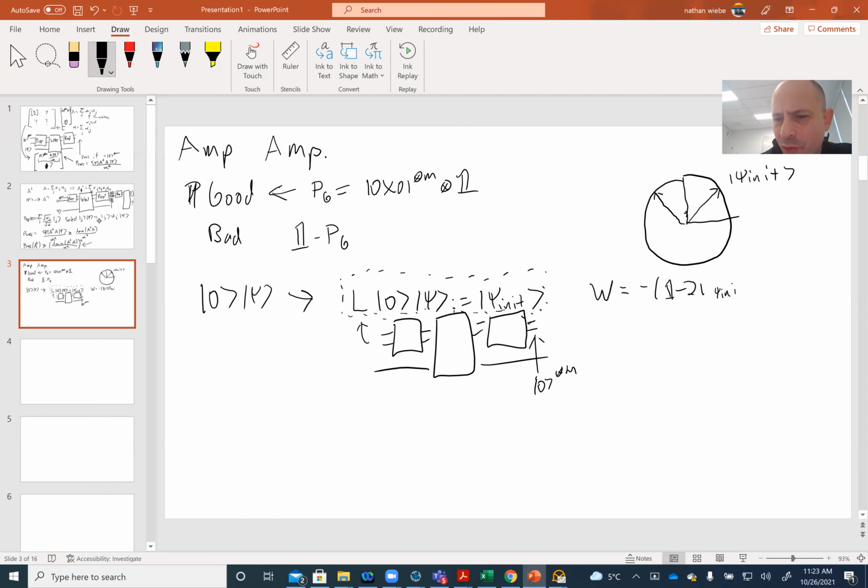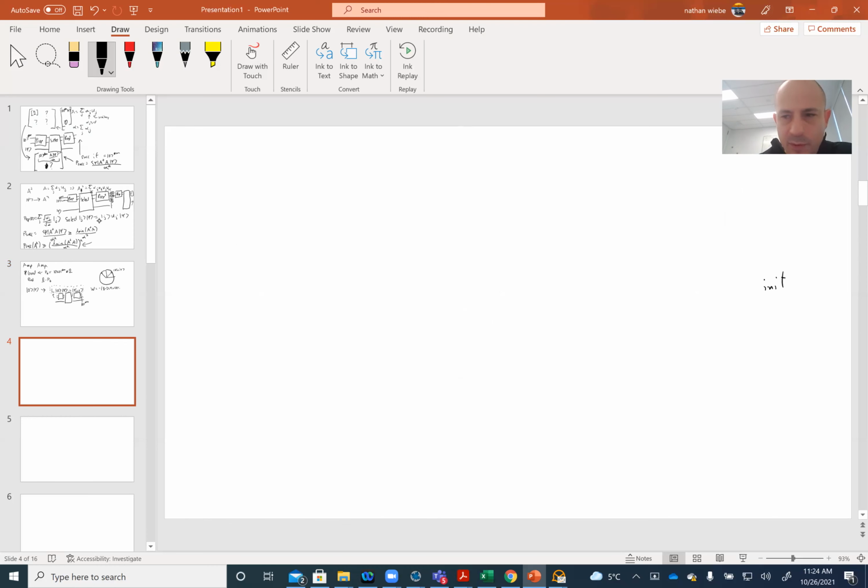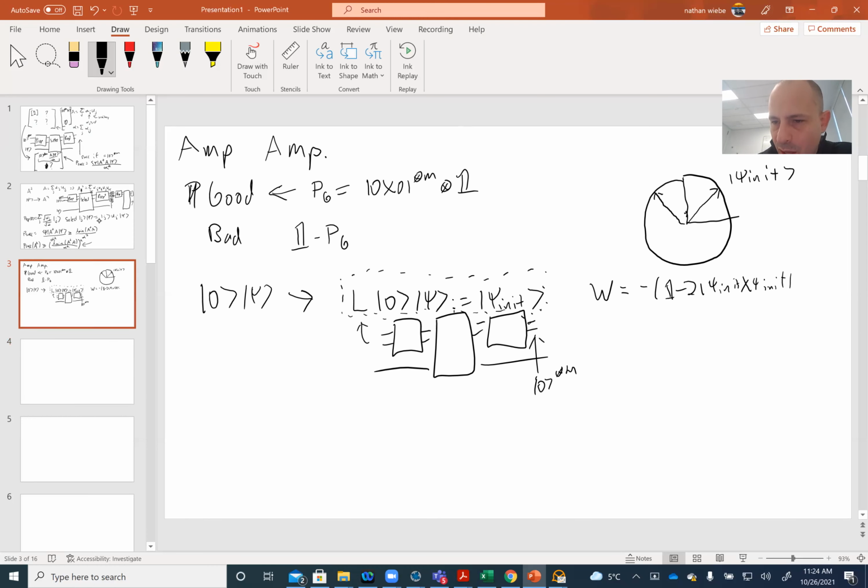Actually, let me just write that projector out, I think that'll be a little bit clearer. That projector onto psi init is just of the form |psi init><psi init|, and then multiplied through by the reflection about the good subspace, which is of that form. Okay, fantastic. So this is our walk operator.